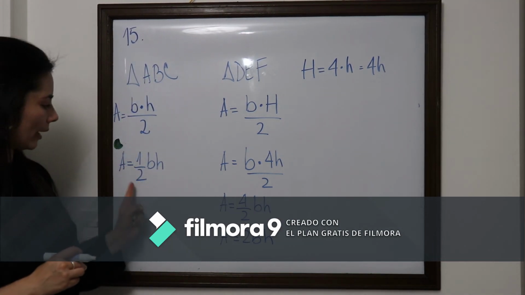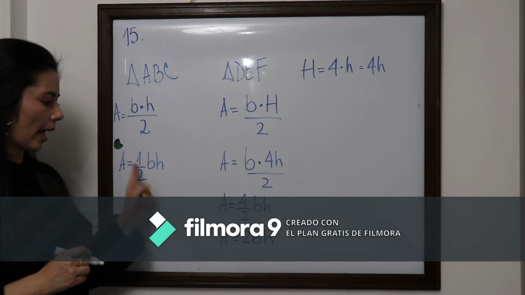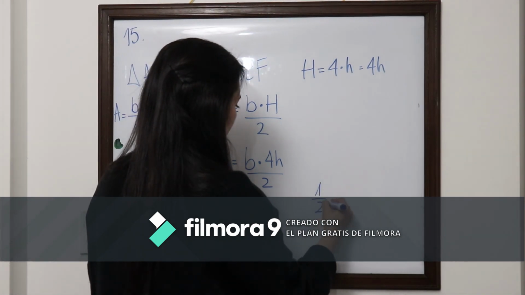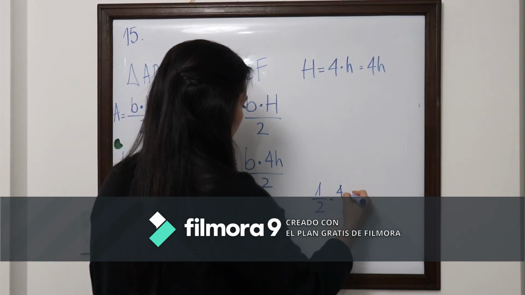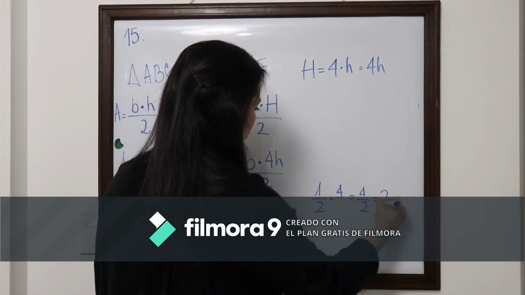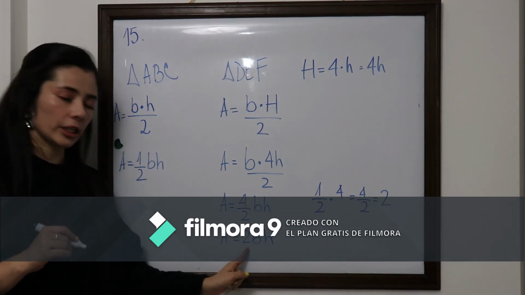Now, think about 1/2 and 2. How many times can I fit 1/2 in 2? Well, think about this. 1/2 times 4 is actually 4/2, which is actually 2. So 1/2 fits 4 times in 2.